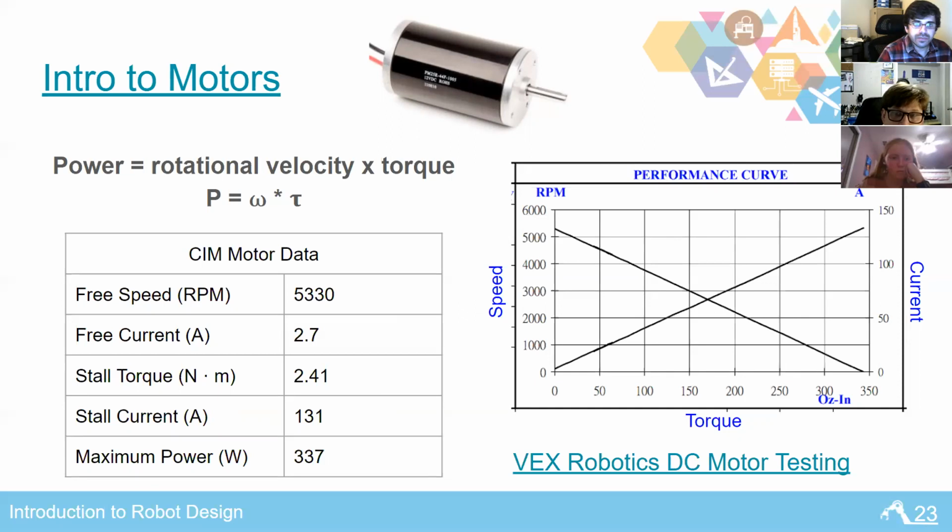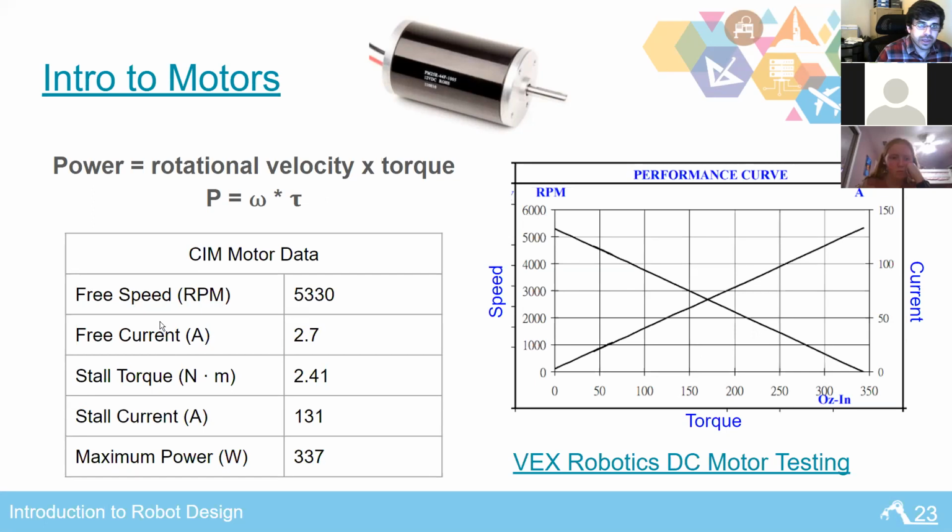The data shown here is some of the motor specs that you would see for any motor. Free speed is how fast does the motor go? How fast does it go when it's not turning anything besides itself? The free current is the amount of current it draws while doing that.